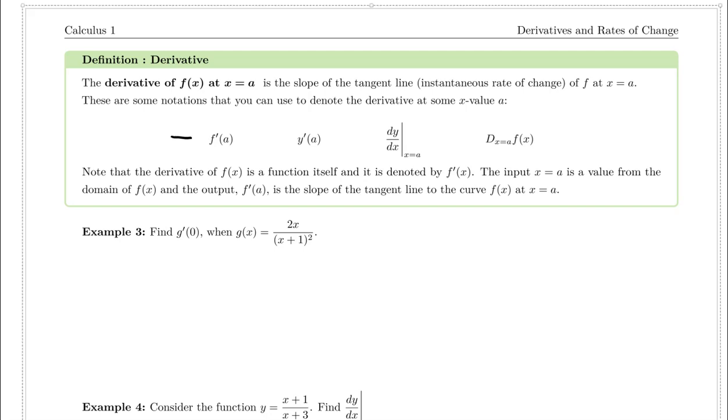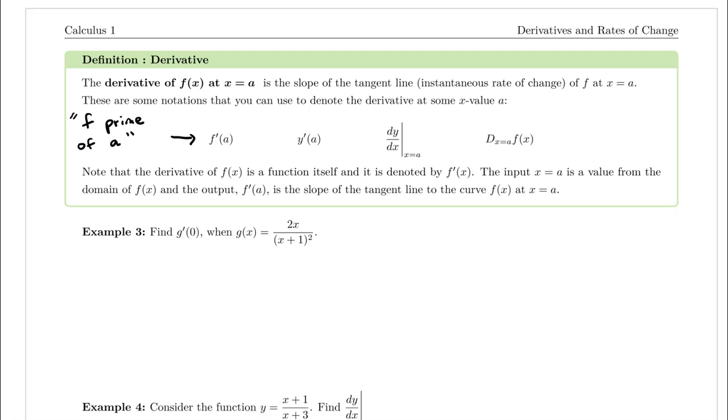The way that we read this one here is f prime of a. This little thing that looks like an apostrophe is called a prime, or prime notation. So f prime of a, and the way that we would read this one would be y prime of a.